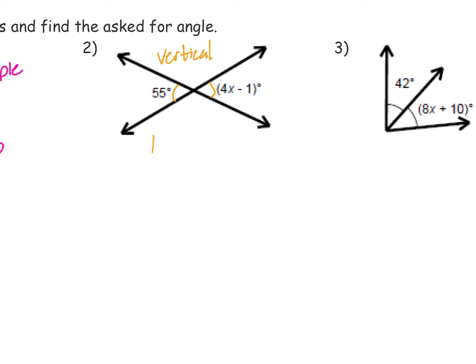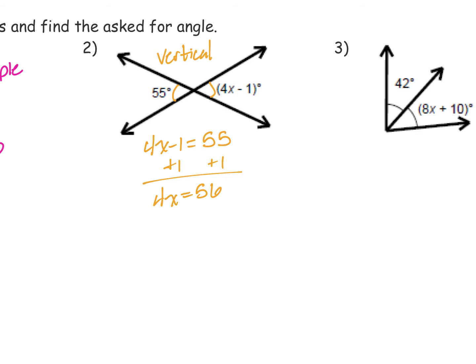Good. So that means that 4x minus 1 has to equal 55. And now I solve for x, right? And what am I going to do first? Add 1 to both sides. Beautiful. And then I get 4x equals 56.